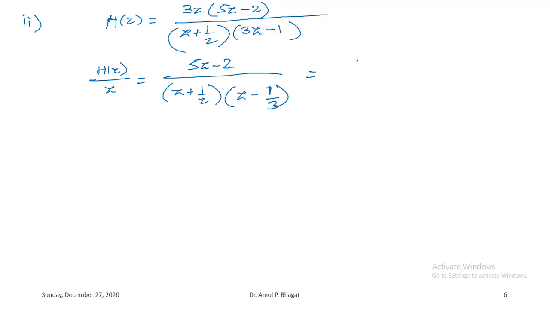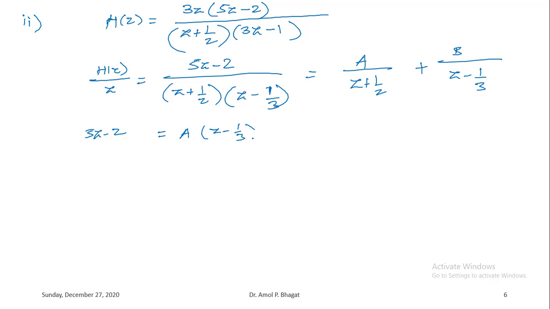Okay, so here I can represent A upon z plus 1 by 2 plus B upon z minus 1 by 3, right? So if I send the denominator to the right hand side, it will be 5z minus 2 is equal to A in bracket z minus 1 by 3 plus B in bracket z plus 1 by 2.